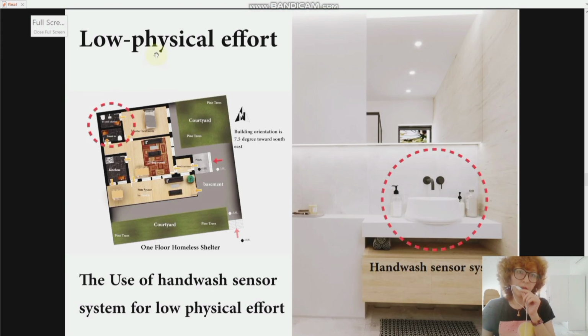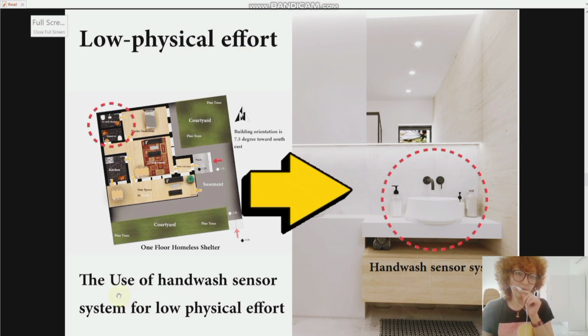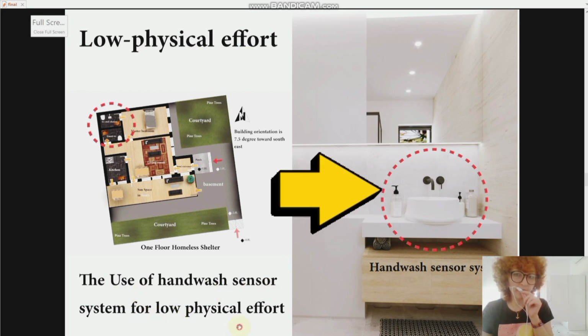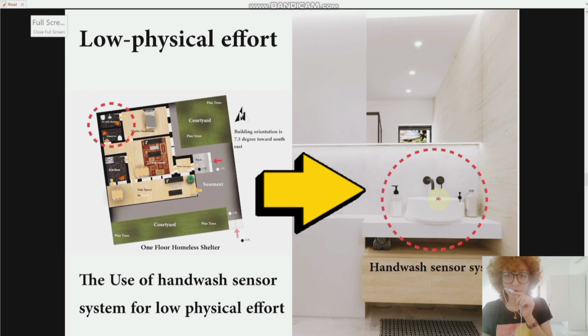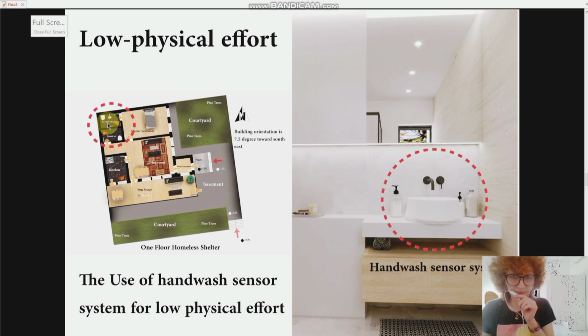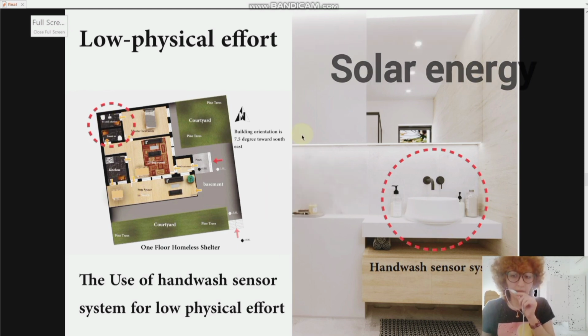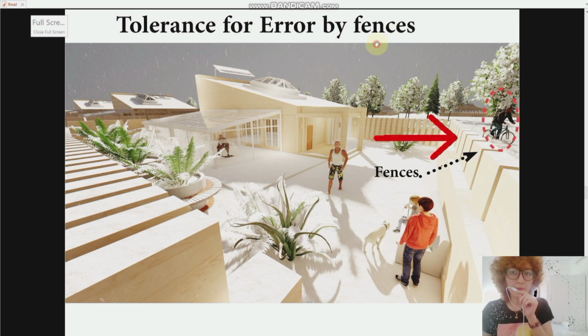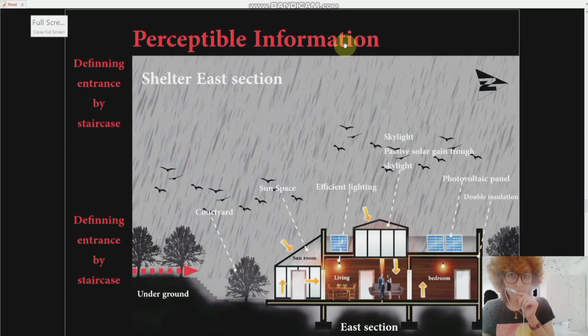And about low physical effort, the use of a hand wash sensor system, and this sensor is produced by it's completely sustainable. About tolerance for error, I used fans across the building. About perceptible information, I used staircases that can reach people to the entrance of the building.